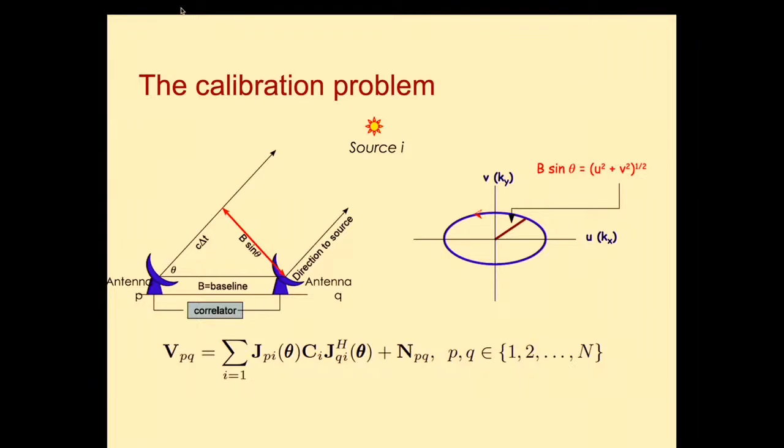There's another thing. This is complex space, right? But we are measuring real numbers. If you remember, in Fourier space the condition for reality is that the conjugate is the negative, is minus the.